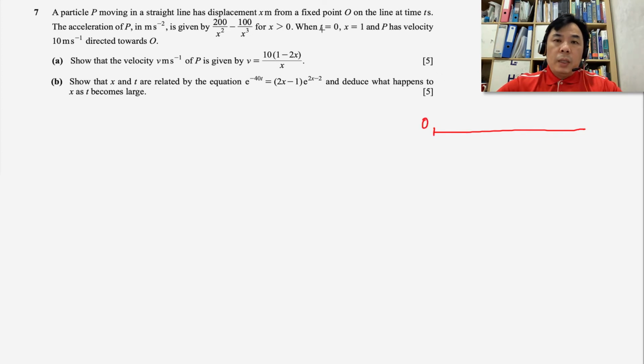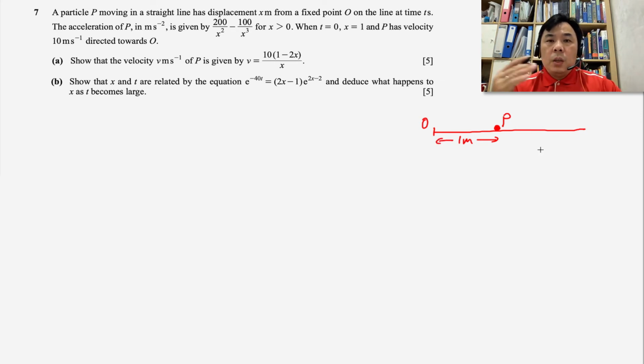Now at the initial condition, t equals 0, the particle is located at 1 meter from the reference point, which is our fixed point here. Therefore, particle P is located here at 1 meter. All right, this is how it looks.